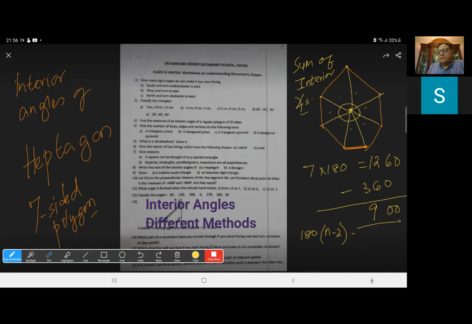So what do you get here? 180 times 7 minus 2 is 5, so 180 times 5. How much do you get? 900 degrees. Do you see that, the same answer? So you could use a formula, which is 180 times n minus 2.